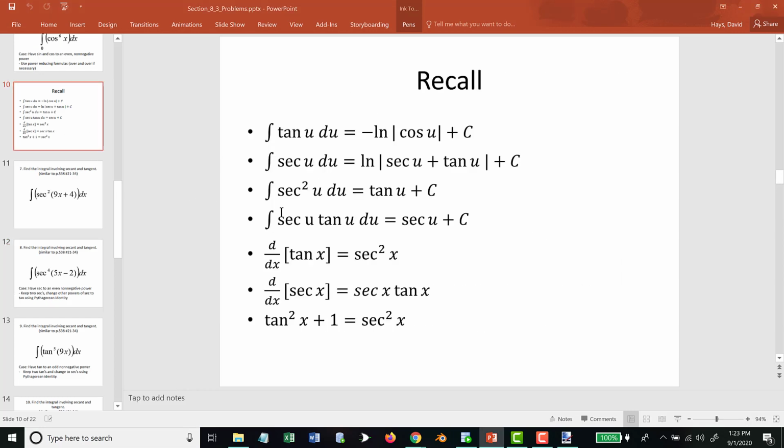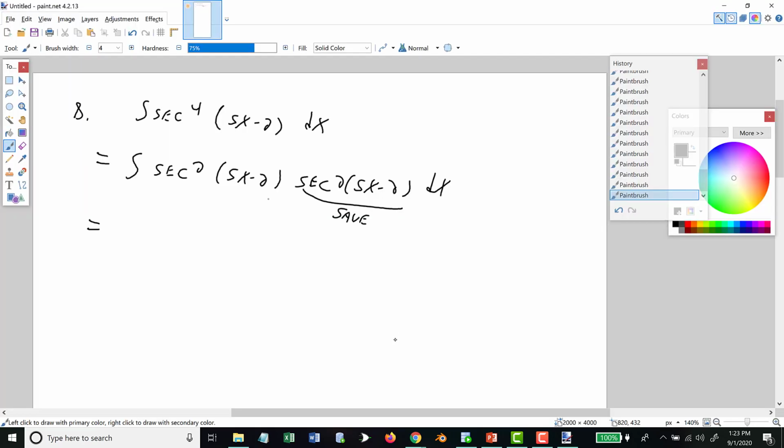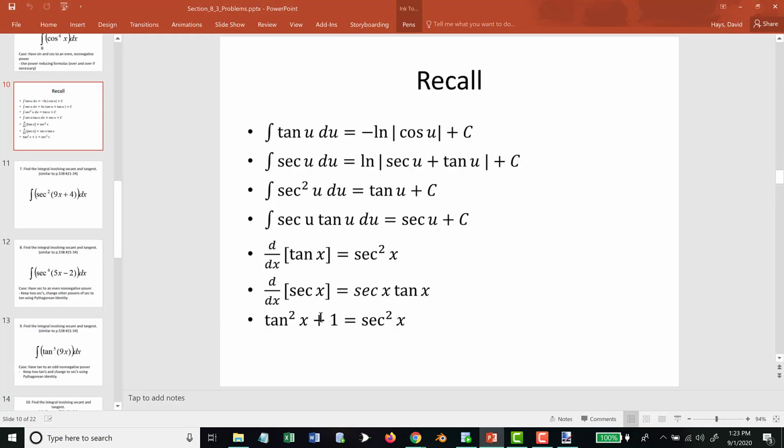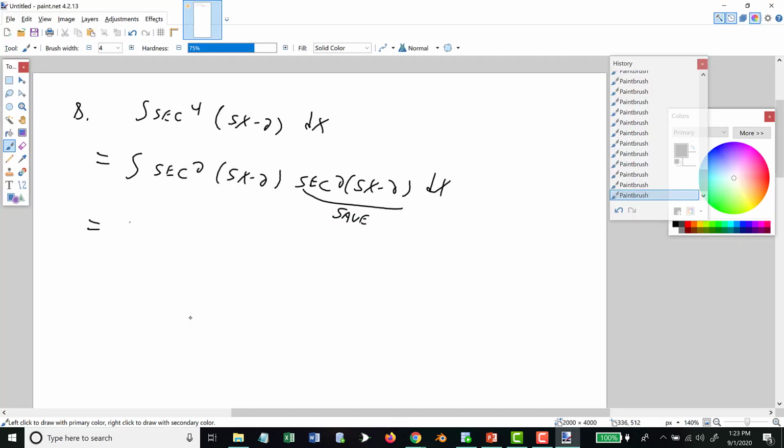Now, this is why I gave you these right up here. Secant squared is equal to tangent squared plus 1. So this becomes tangent squared of 5x minus 2 plus 1 times secant squared of 5x minus 2.